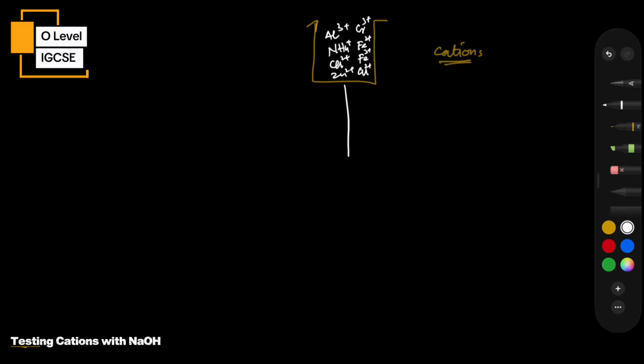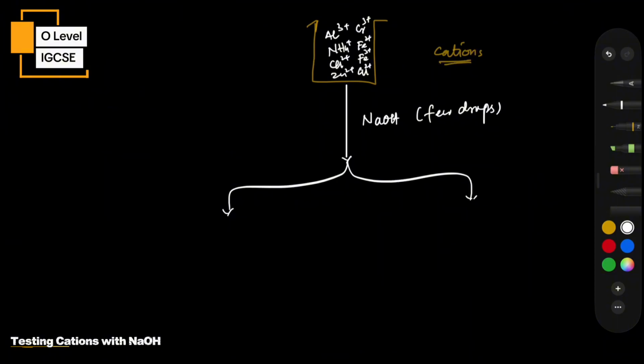Now, the first step is I'm going to add a few drops of sodium hydroxide, and there are basically two possibilities. Number one, no precipitate is seen, and number two, a precipitate is seen.